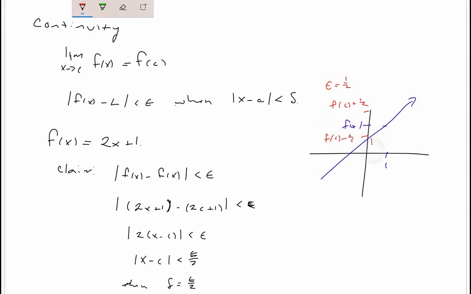If you look at that little interval that's created by those y-coordinates, it's going to surround c. The delta that I need would be half of that, because delta is epsilon divided by 2. So as long as we stay within 1/4 of that x-coordinate, the y-coordinates will be within 1/2 of each other.